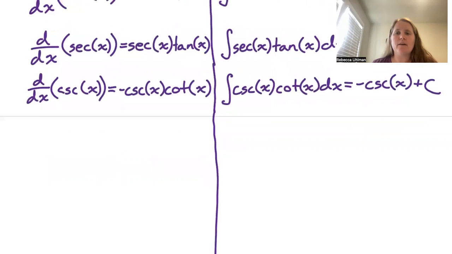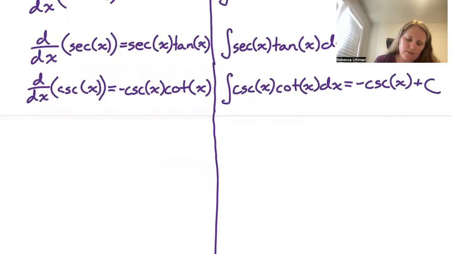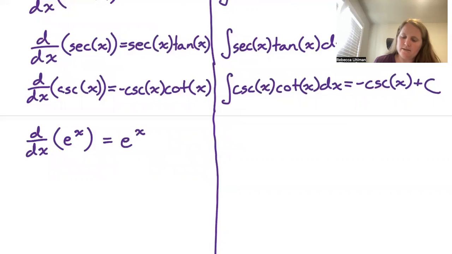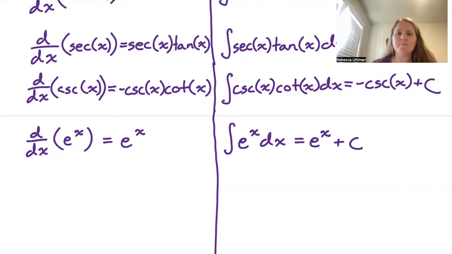Continuing on, we had our exponentials. The derivative of e to the x was just e to the x. This corresponds to the integration fact: integral of e to the x dx is e to the x plus c.